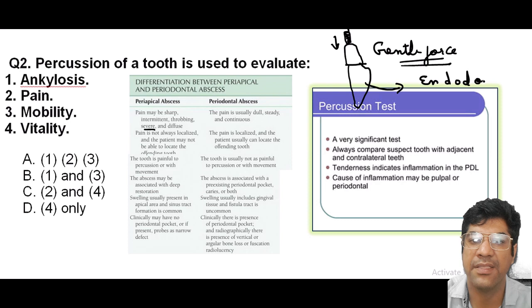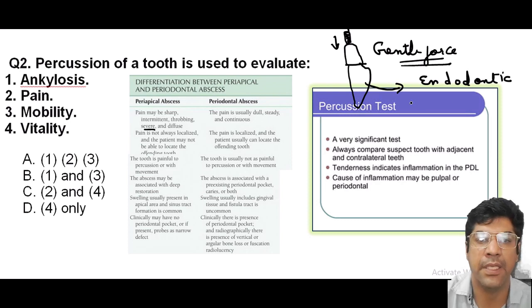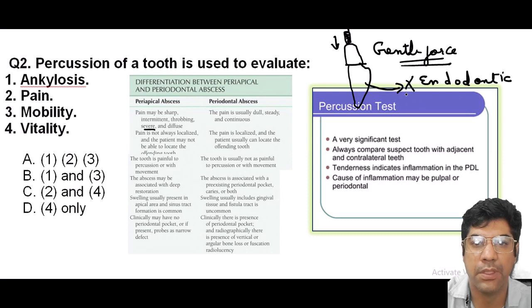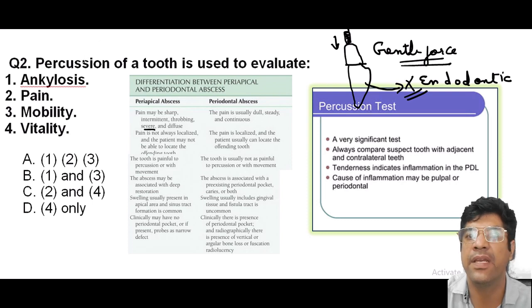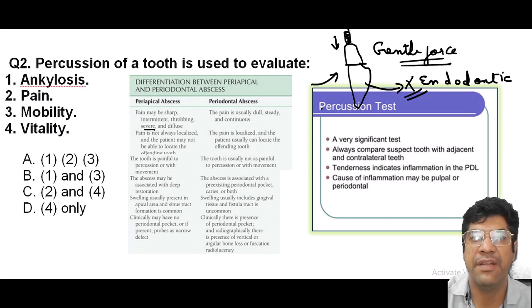Other factors such as trauma from occlusion and periodontal disease could even lead to positive percussion.